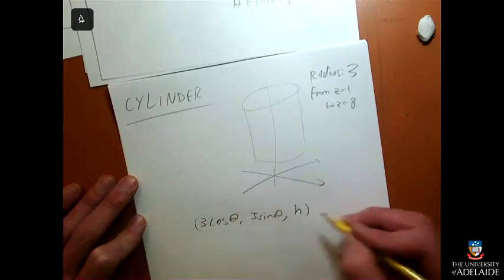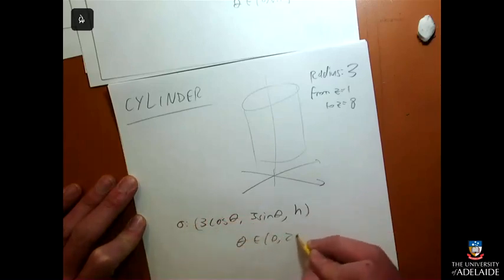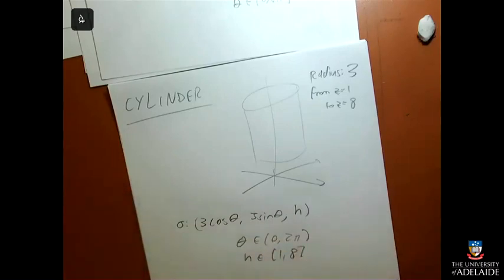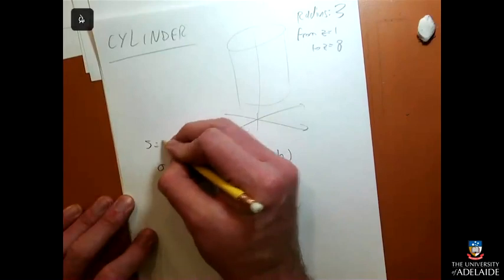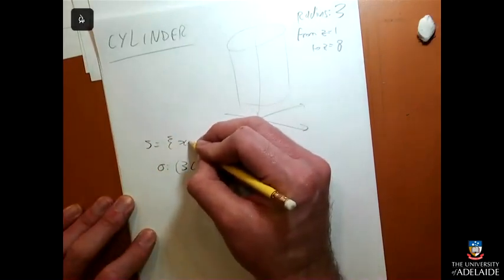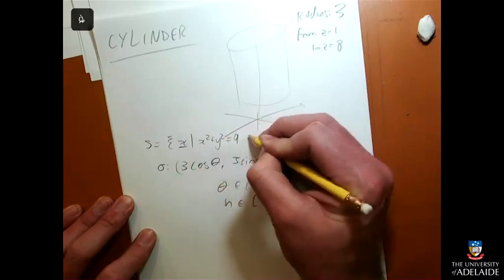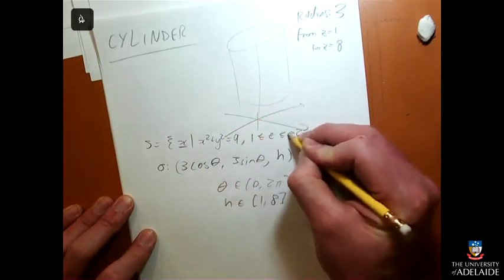And that's it. Yay. I mean, the actual original equation of this would have been something like x squared plus y squared equals 9. That's what that would have been.